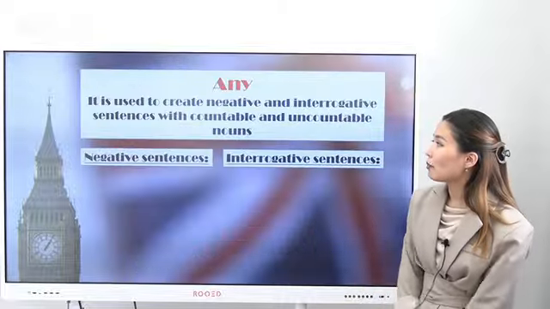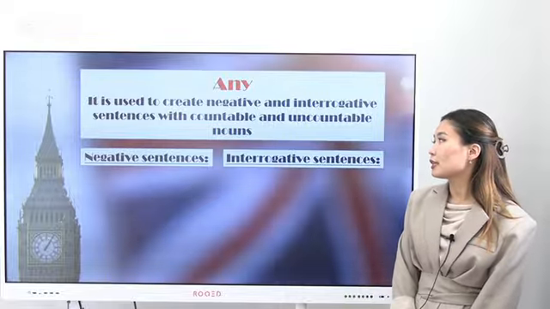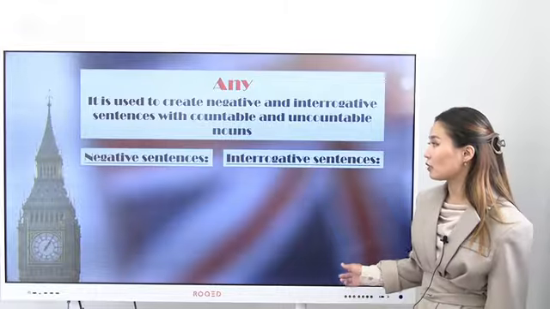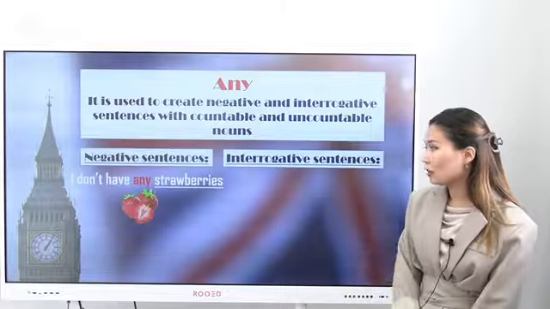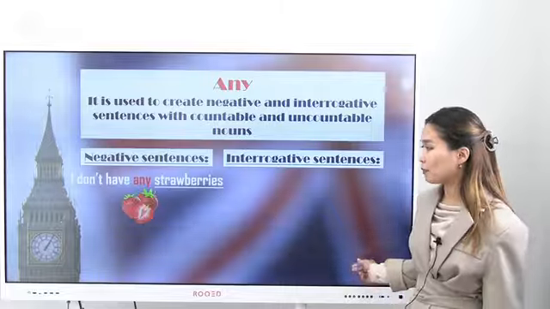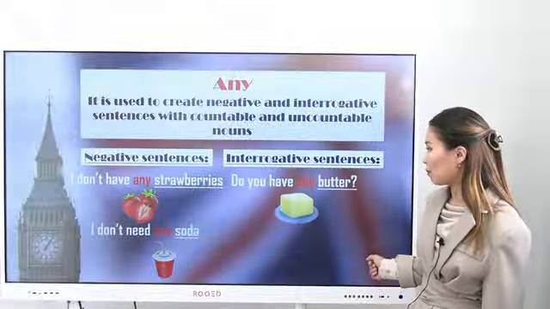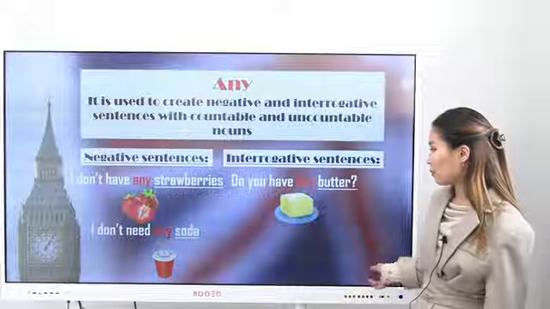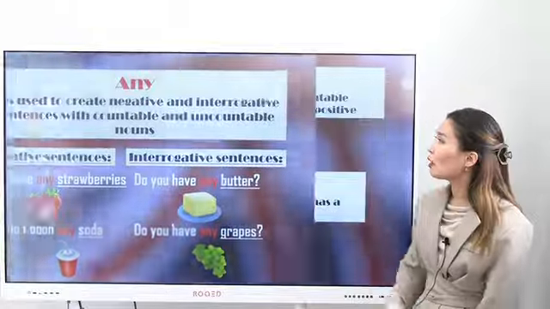Next, any. It is used to create negative and interrogative sentences with countable and uncountable nouns. Negative sentence. I don't have any strawberries. I don't eat any soda. Do you have any butter? And the last, do you have any grapes?